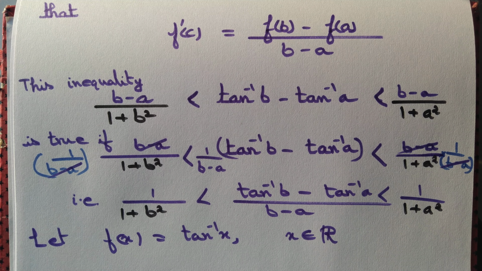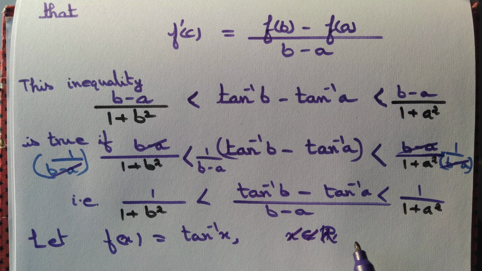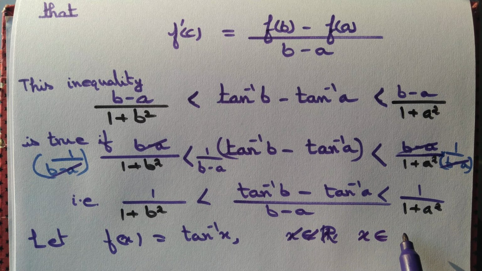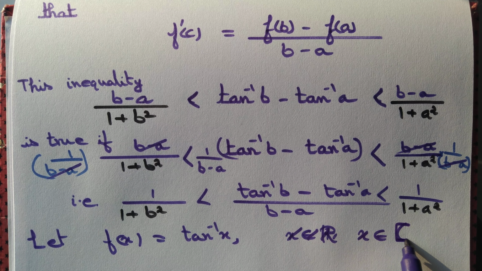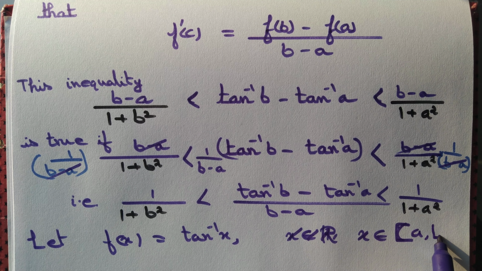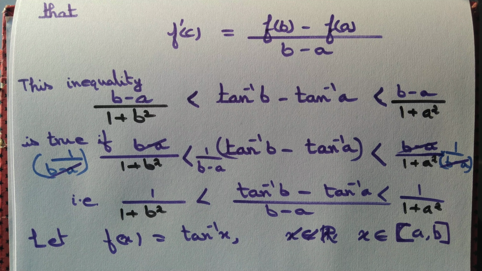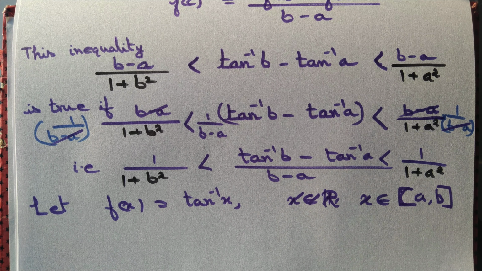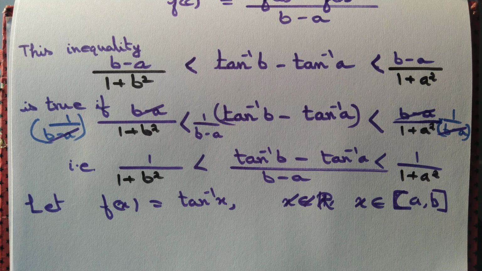But we want to apply Lagrange mean value theorem, so instead of writing x is a real number, we can say that x belongs to the closed interval a comma b. We want to show that f is continuous on the closed interval a comma b, and the closed interval a comma b makes sense because we are given b is greater than a.